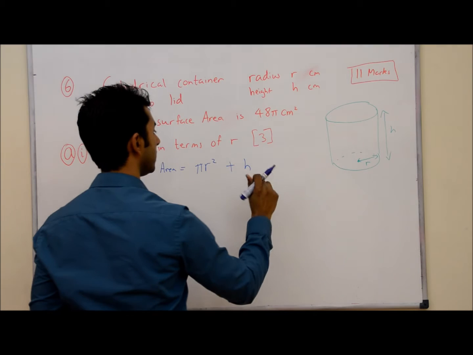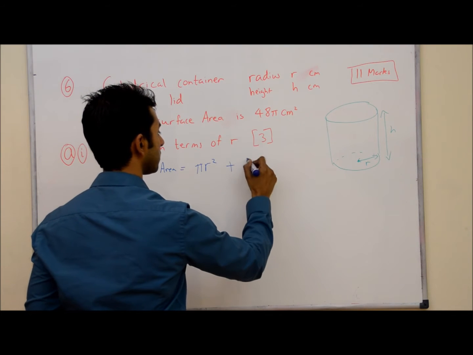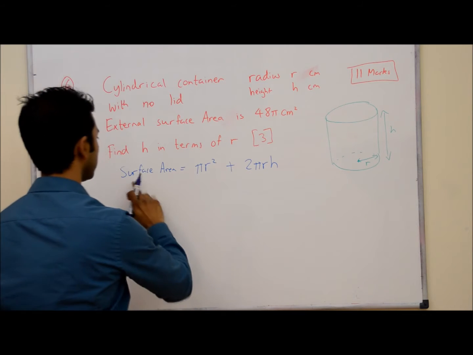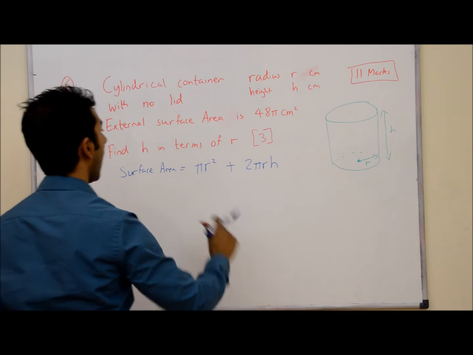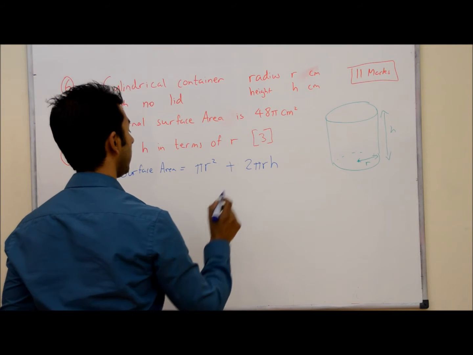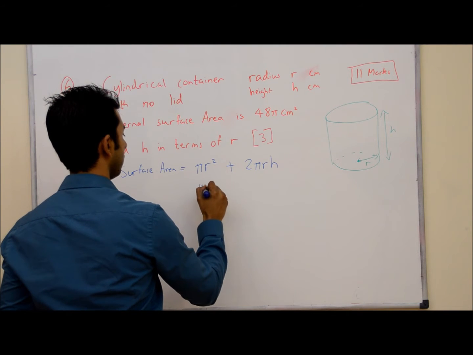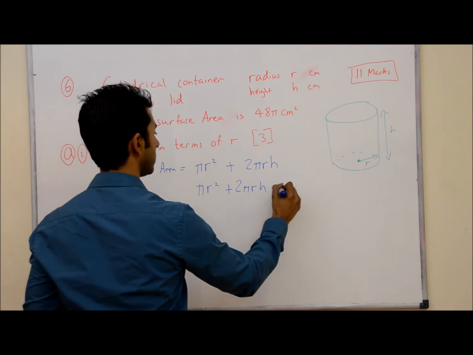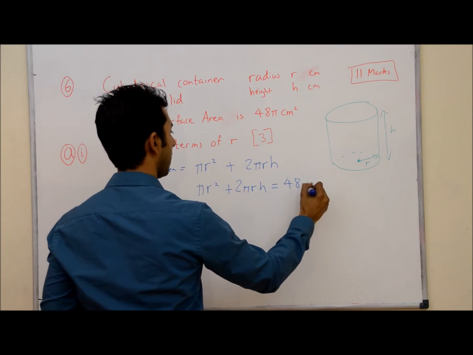Now the circumference of the circle is 2 pi r, so it's 2 pi r times h. So this will give us the surface area. And what we're told is that the surface area is equal to 48 pi centimeters squared. So pi r squared plus 2 pi r h is equal to 48 pi.